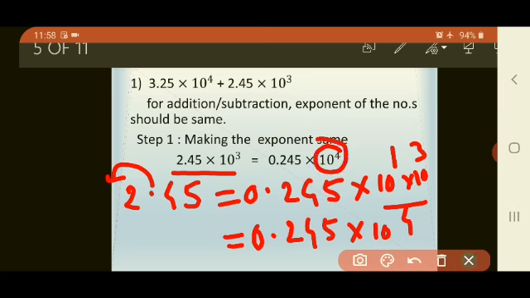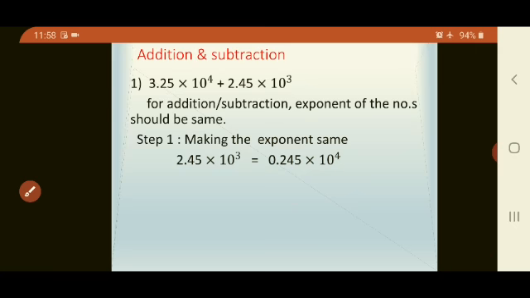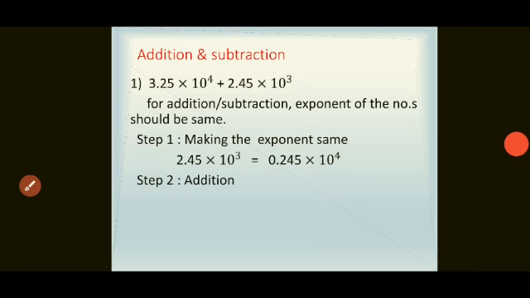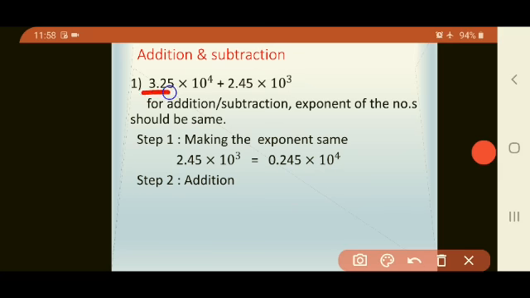Now the next step is, what is the next step? Addition. So when we are doing the addition, we have to add these two numbers together. Okay, and 10 to the power 4 is taken common.